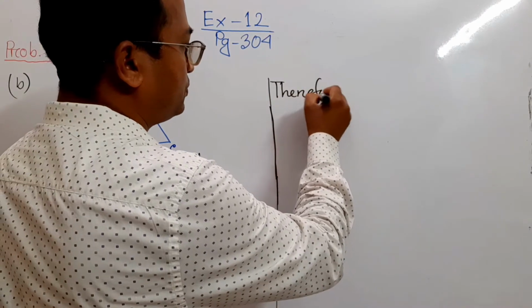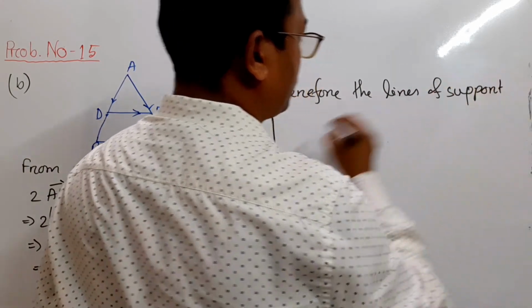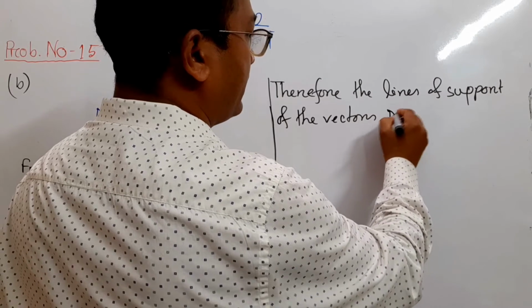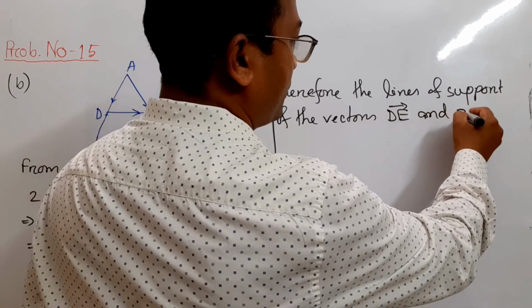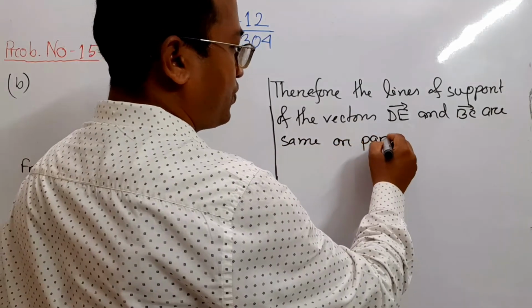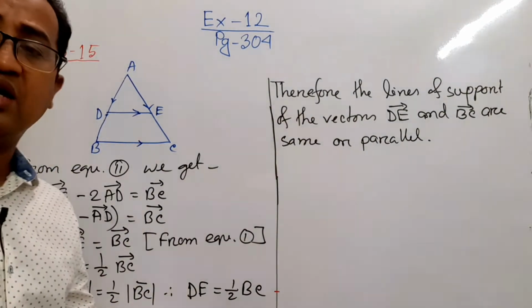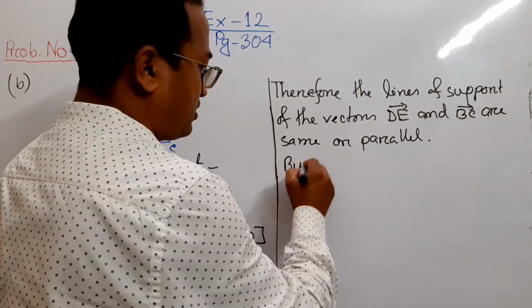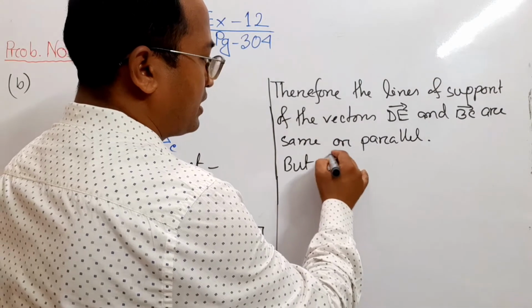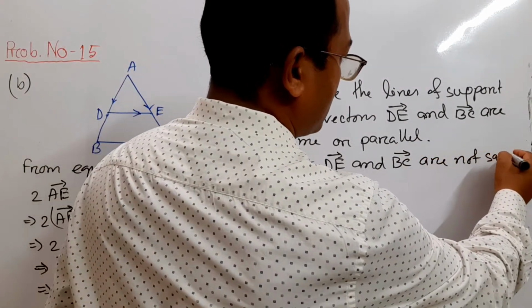Therefore, the lines of support of the vectors DE and BC are same or parallel, but DE and BC are not same.